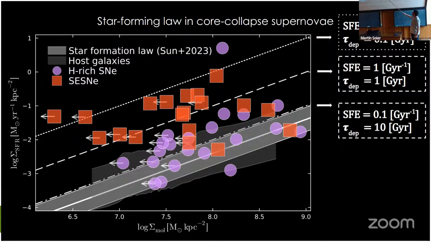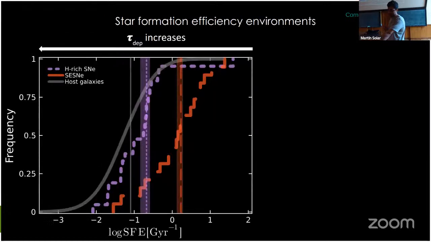And for the case of stripped-envelope supernovae, the gas is going to be consumed in regions where stars are forming more efficiently, with depletion times of 1 billion years. So this is one way to see this. You see that the uncertainties do not agree.